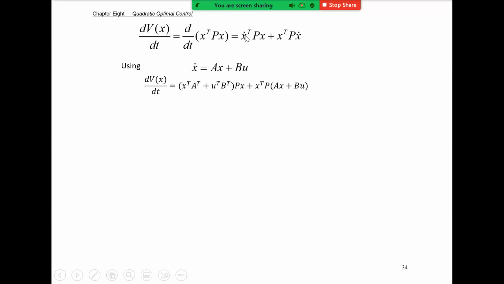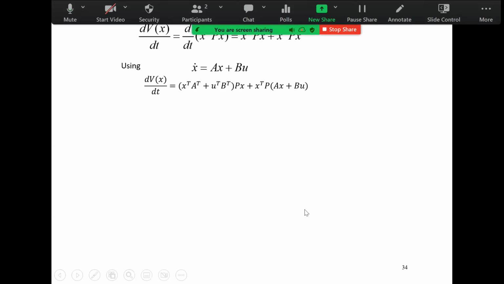So this one, x dot, you have to do the transpose. This is the x dot transpose. When you do the transpose, of course, you have to change the sequence of the multiplication. Then this is the x dot.